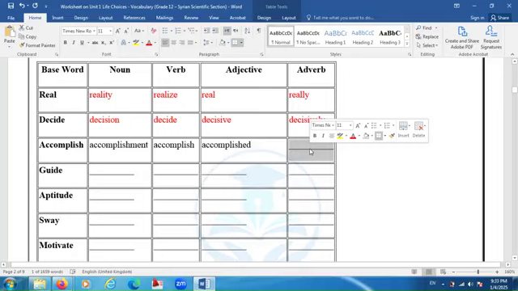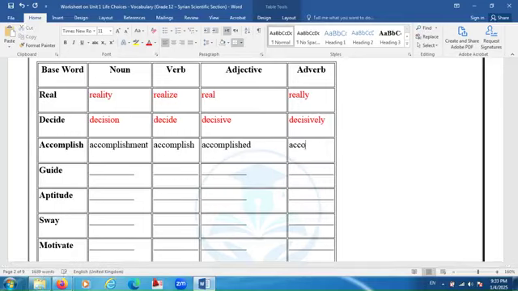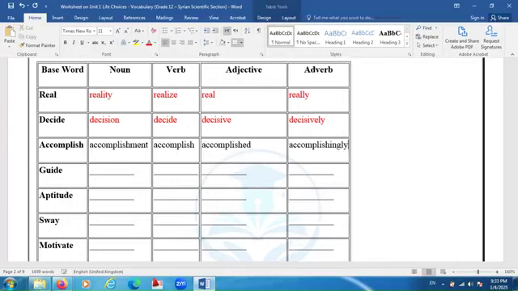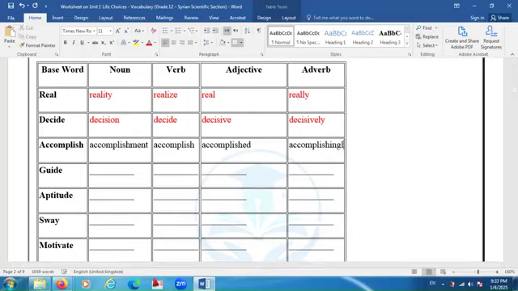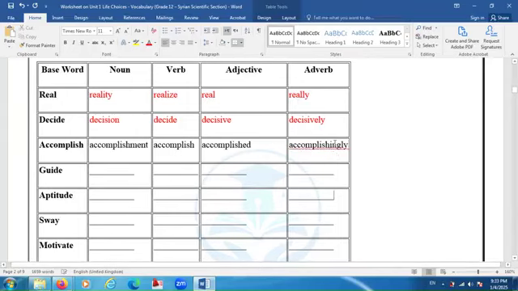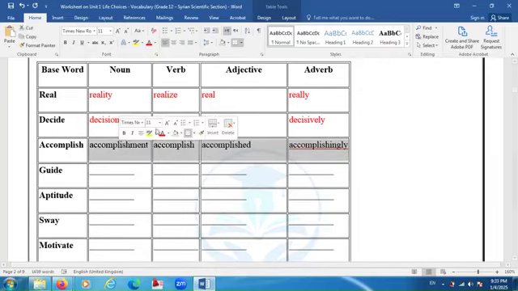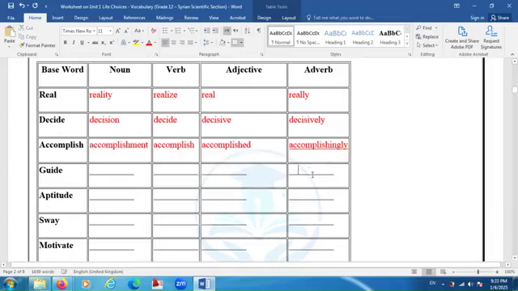And the adverb, accomplishingly. We can use it, yes, in that type, accomplishingly. The processor didn't accept it, but it is okay to be used.